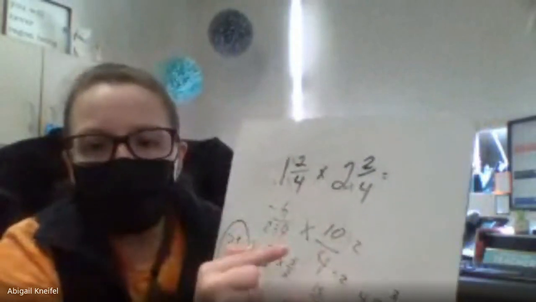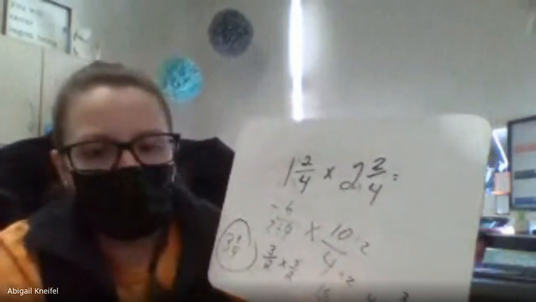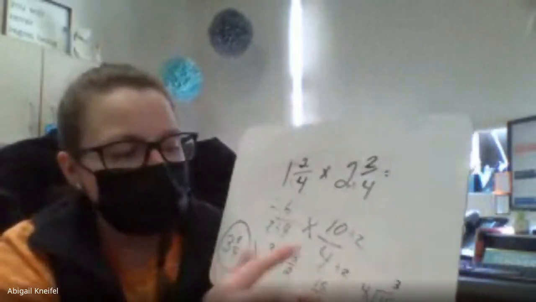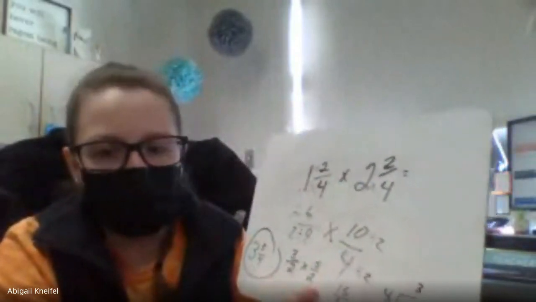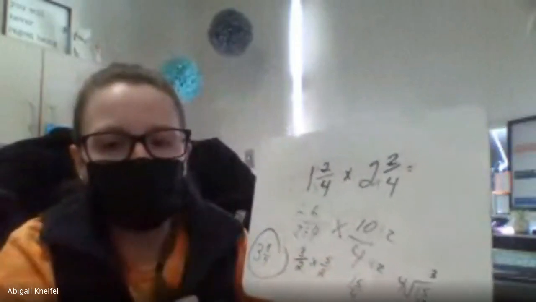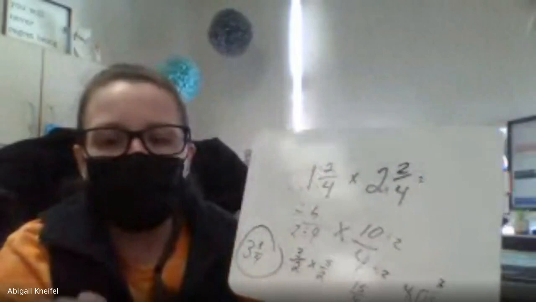All of those can be simplified by 2. So 6 changes to 3, 4 changes to 2. That's 3 over 2 times 10 changes to 5, and 4 changes to 2. That's 5 over 2. Then we multiply straight across. 3 times 5 is 15. 2 times 2 is 4. We have 15 over 4.